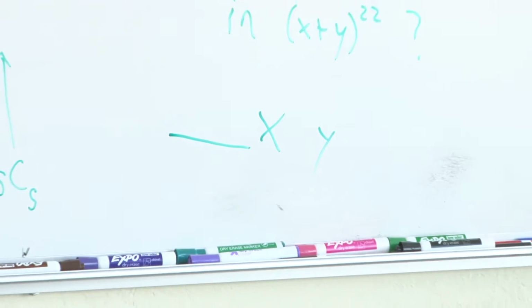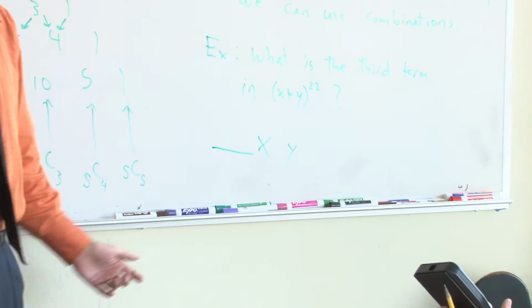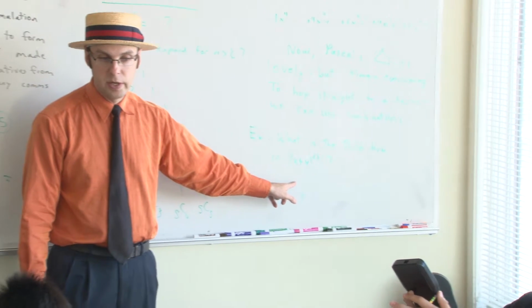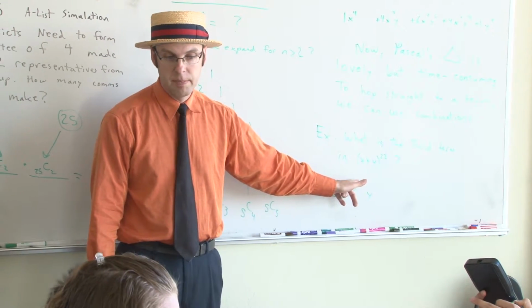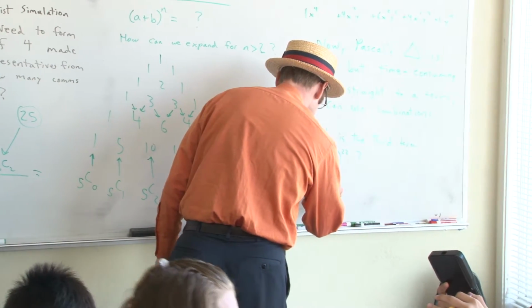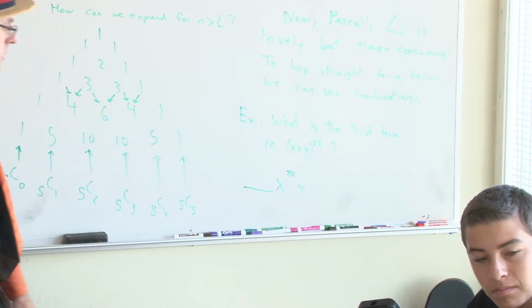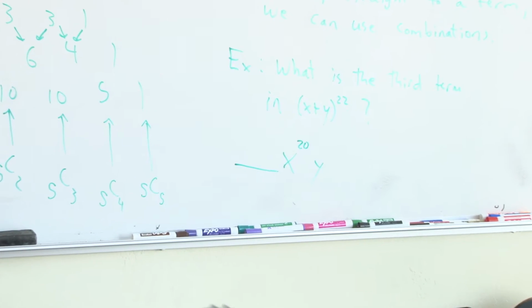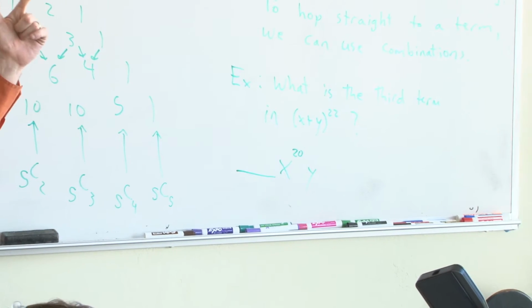So the x part, if we were starting at 22, the third term is going to be 22, 21, 20. The y starts at 0 and goes 0, 1, 2.